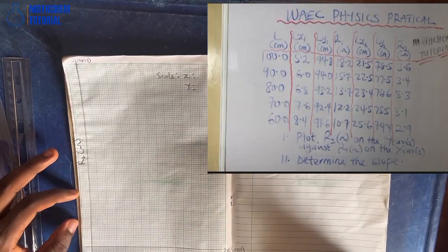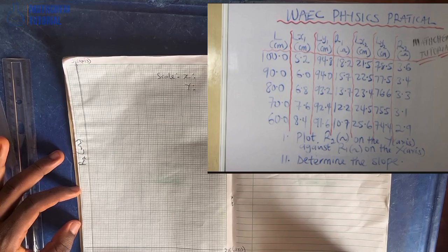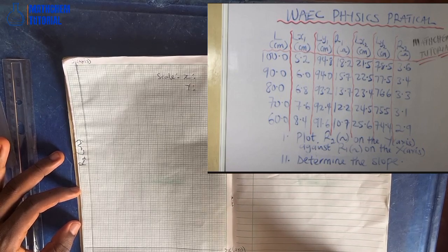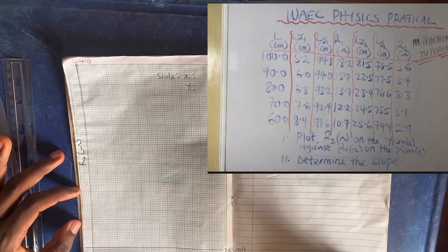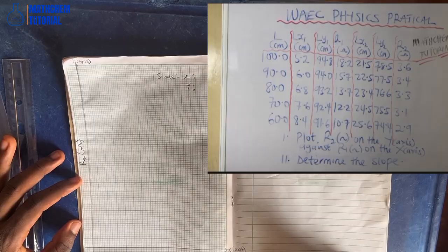The lowest value on R2 is 2.9, and the biggest value for R2 is 3.6.